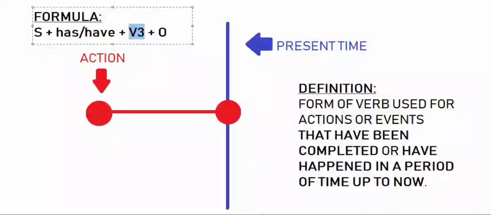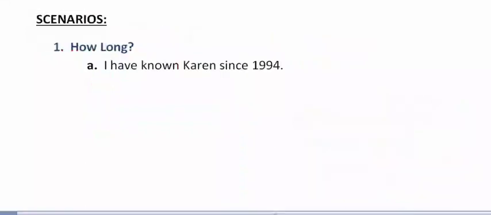So by now I have shown you the swimming pool. I have told you how to swim. I have told you about the trick of swimming, but to understand this concept in depth, we have to dive into the swimming pool. So let's get right into it. Let's understand the different scenarios where you should be using the present perfect tense.